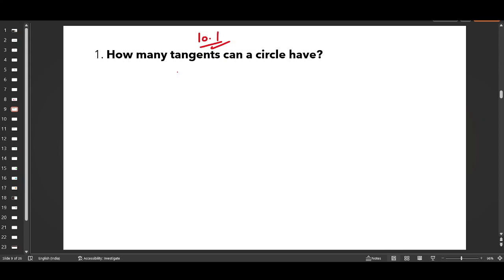What do you feel about this? Can you draw more tangents? What do you think about this question? First thing, if any question is asked, don't be in a hurry. You should think about this first. How many tangents can a circle have?